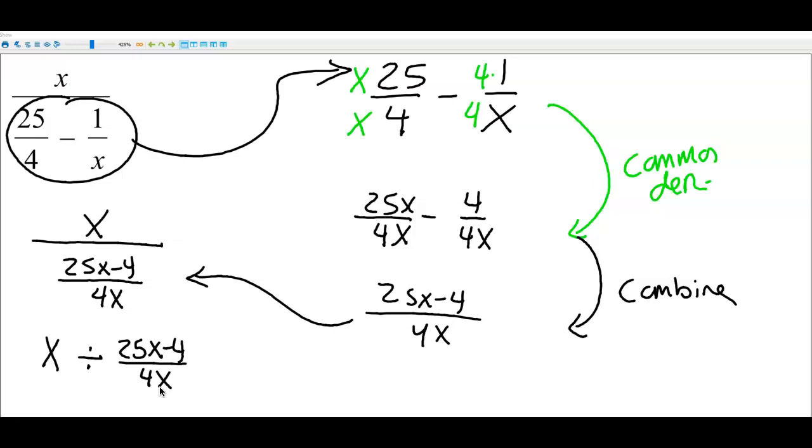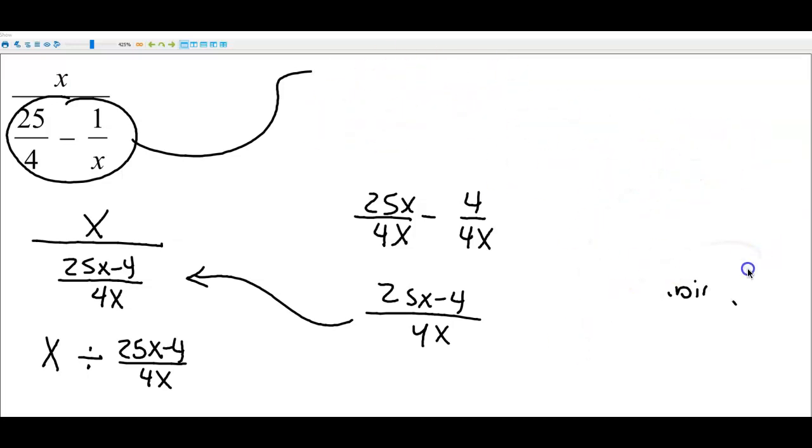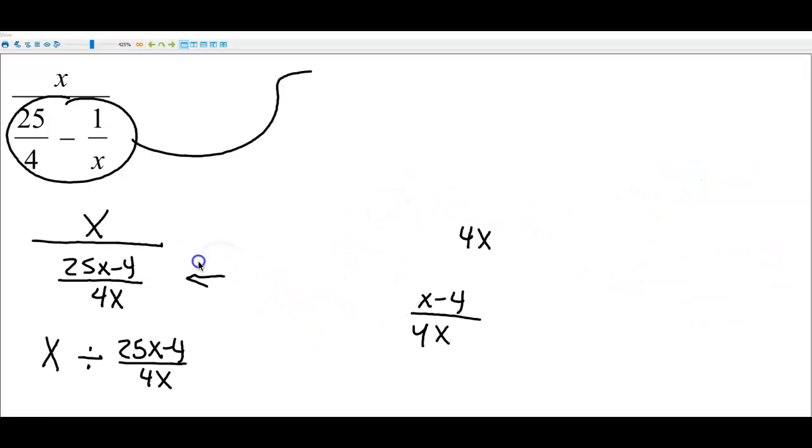And then we do same change flip. So we're going to keep the first one the same, and then we're going to change the division into multiplication, and then we're going to flip this other fraction over.